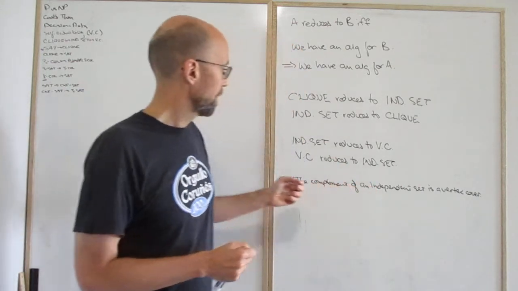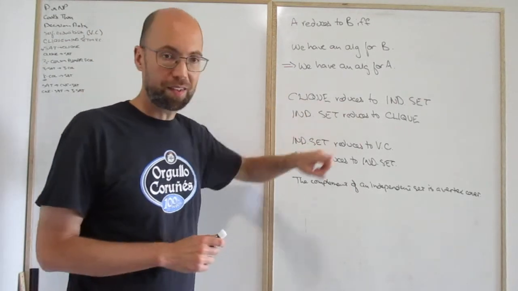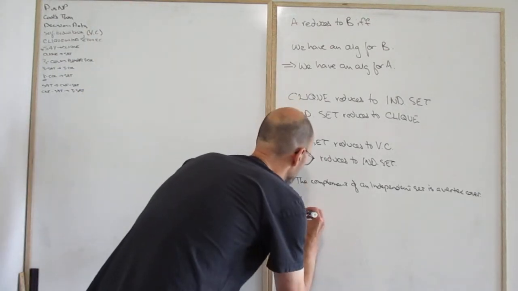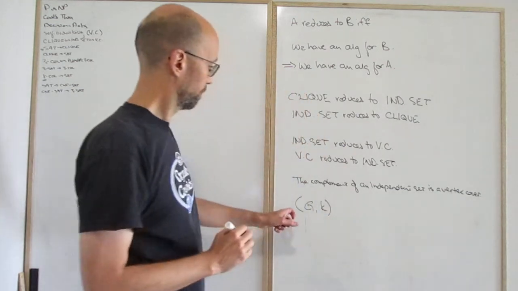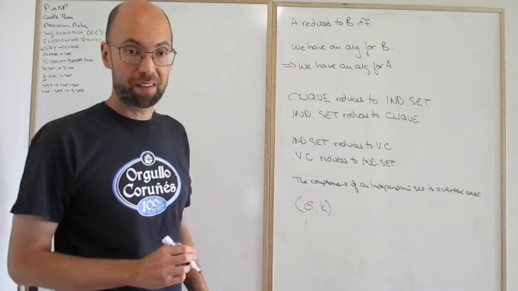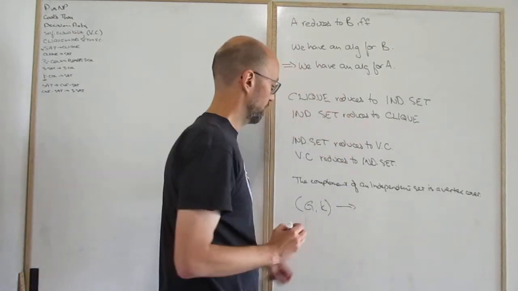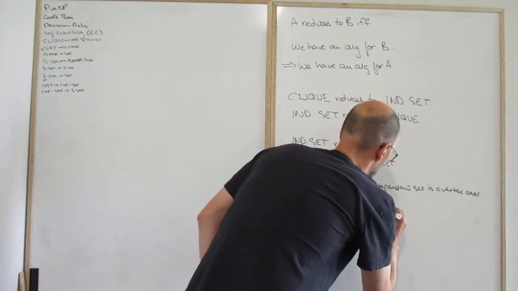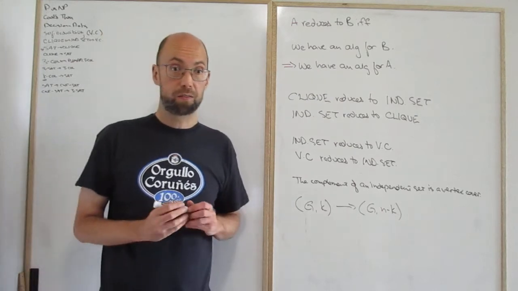Okay? So before we complemented the graph, and now what we're going to do is say, given G and K, is there an independent set of size K? Well, if this is the instance of independent set, you say, is there a vertex cover of size n minus K, where n is the number of vertices?